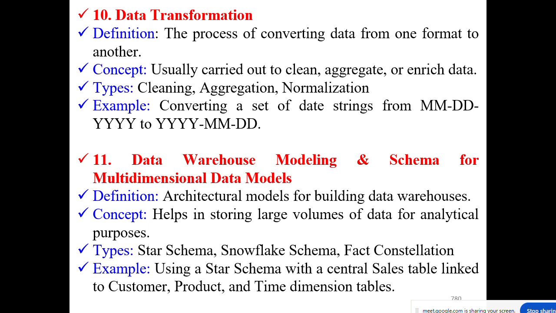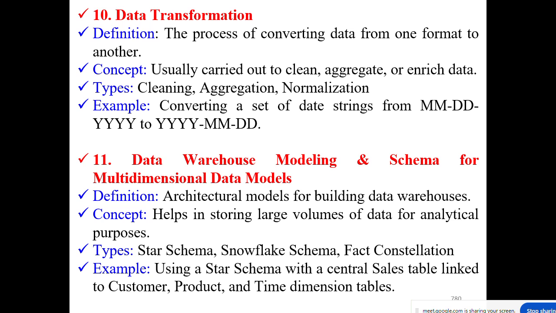Architecture is a structure which comprises software components and hardware components, and the connection among them is called architecture. Architectural models for building data warehouses with the help of Hive, SQL, MySQL, Teradata, DB2, MongoDB, HBase, etc.